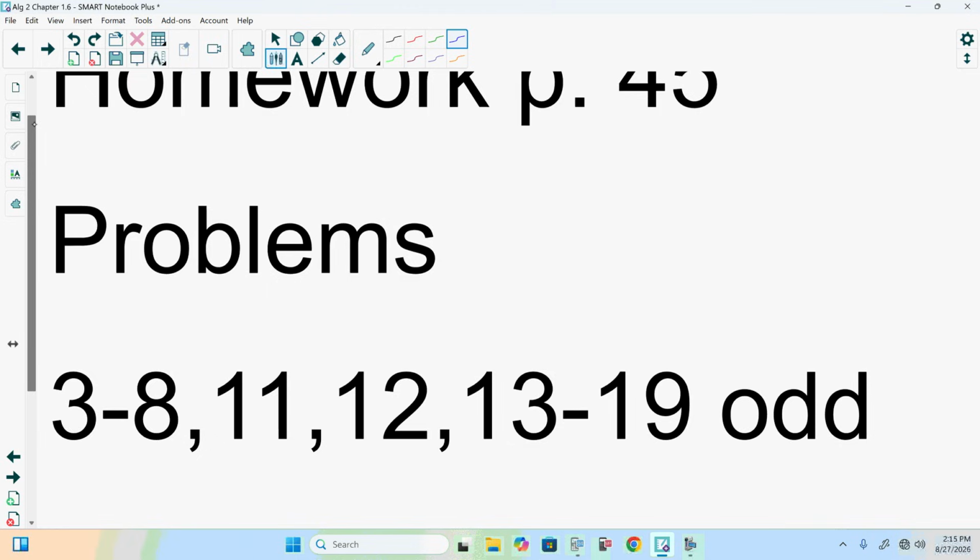So say what they did wrong and fix it. They most likely put a number in the wrong space in writing the augmented matrix. So you're using the same three equations for both 11 and 12. 13, 15, 17, and 19, you are solving those systems.